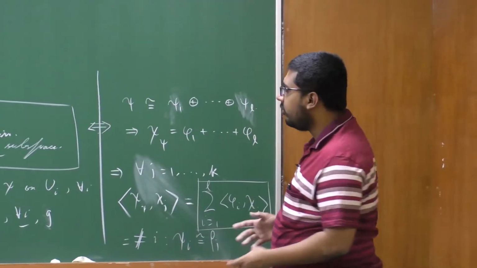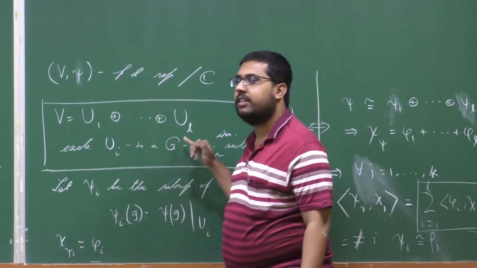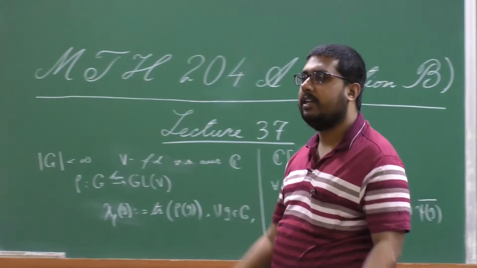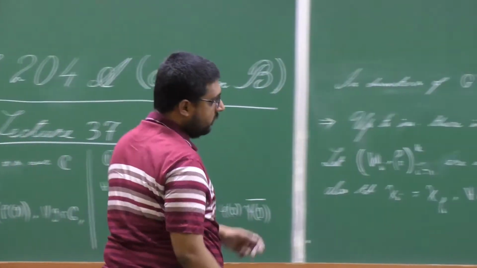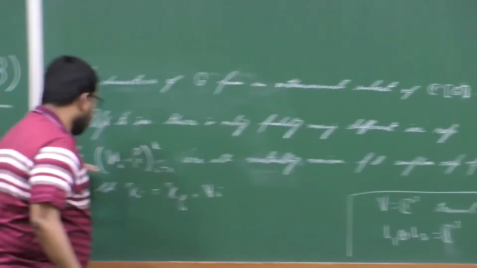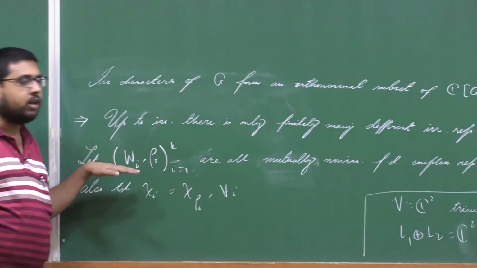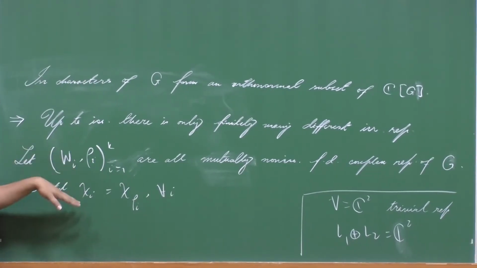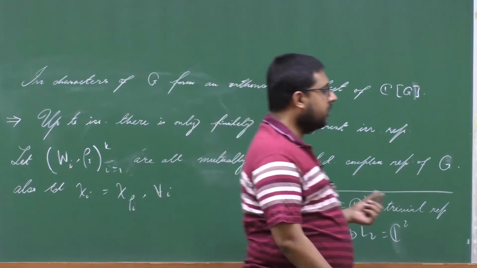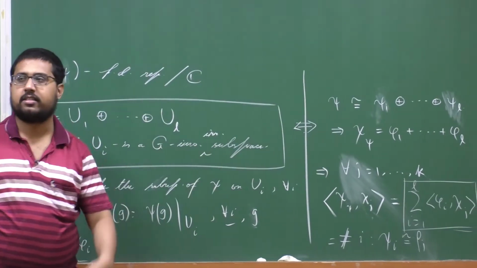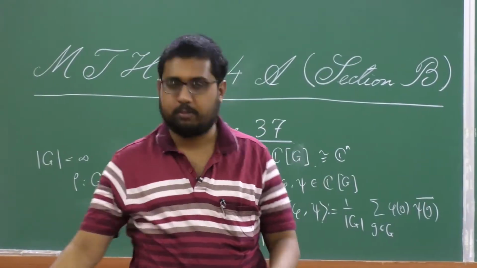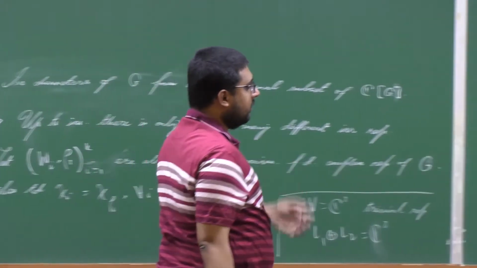So, as you see, though the sub-representations are not unique, whatever decomposition you choose, up to isomorphism there is a uniqueness in the sense that if these are all the irreducible representations of G, then the number of times each irreducible representation occurs in a given decomposition is independent of the decomposition, right? That is exactly what we have seen.